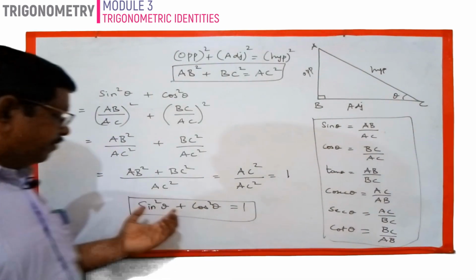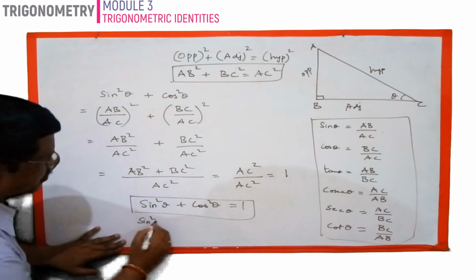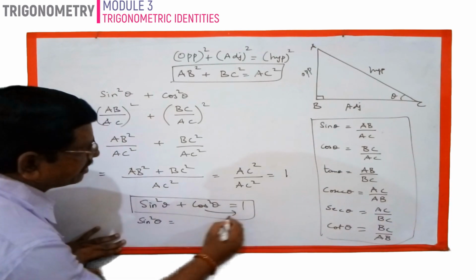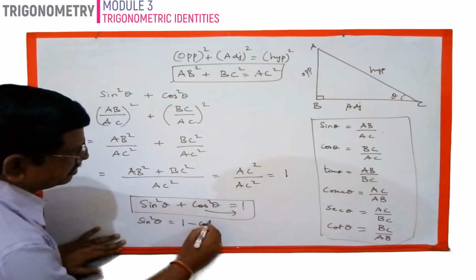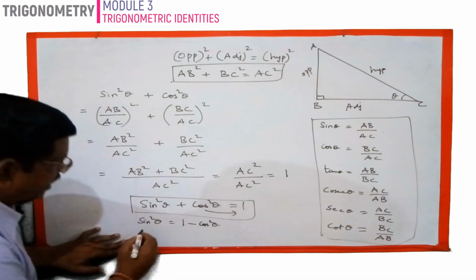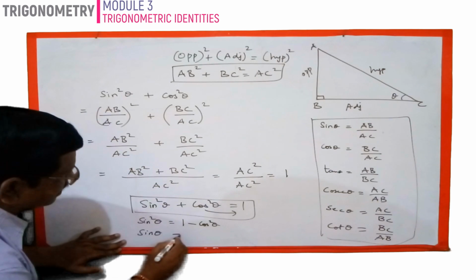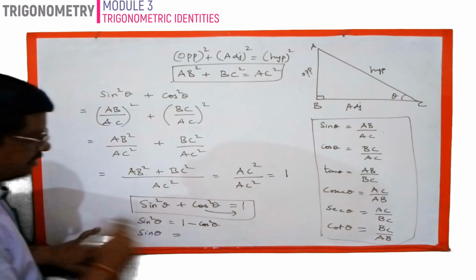Okay. From this, if we want only sin square theta, we can take cos square theta to the right hand side. Already we have 1 there, so 1 minus cos square theta. Sin square theta is equal to 1 minus cos square theta. And sin theta, what is sin theta? Let us take the square root on both sides. So square and square root can be cancelled here.